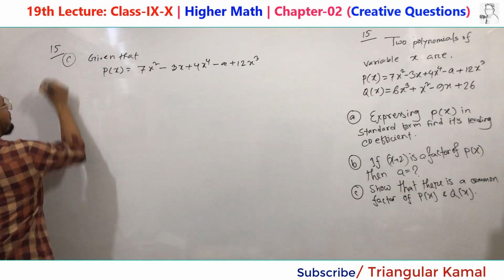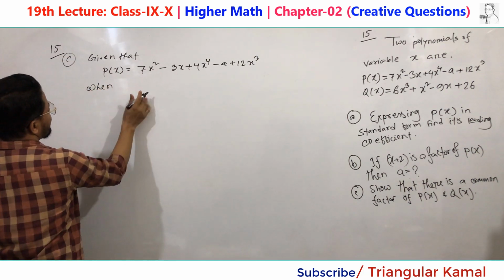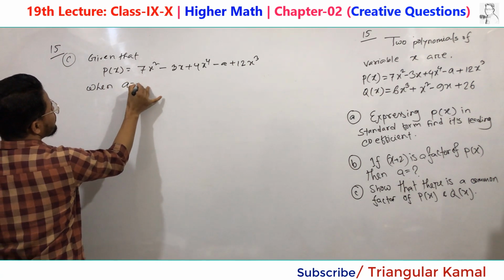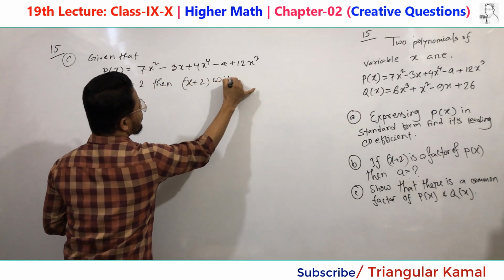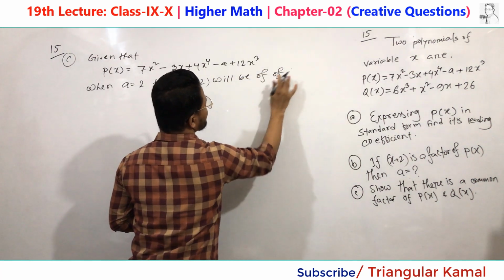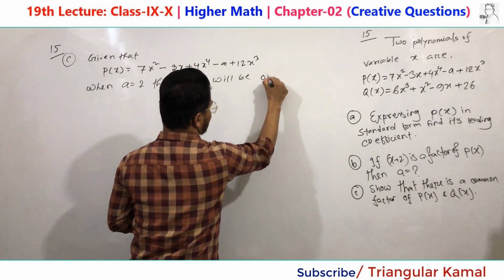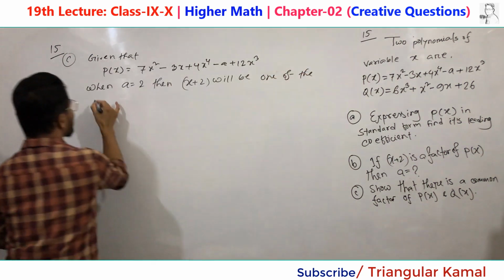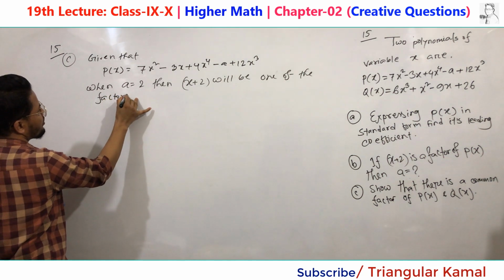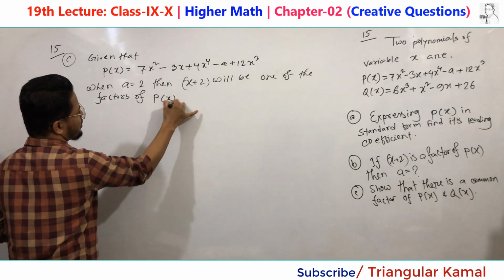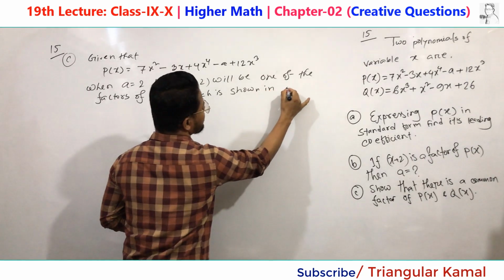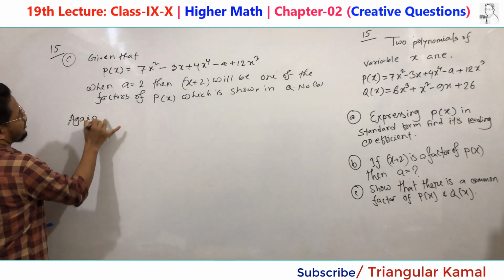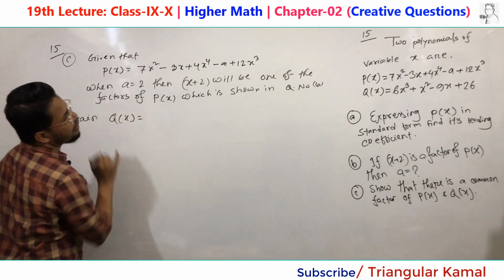Given that, we can start from here. Number C. When a equals 2, then x plus 2 will be one of the factors of p of x, which is shown again.